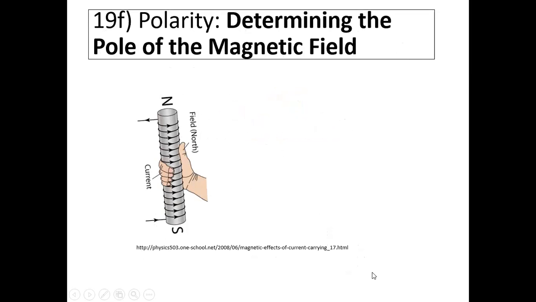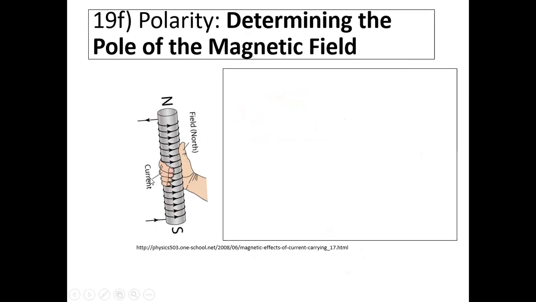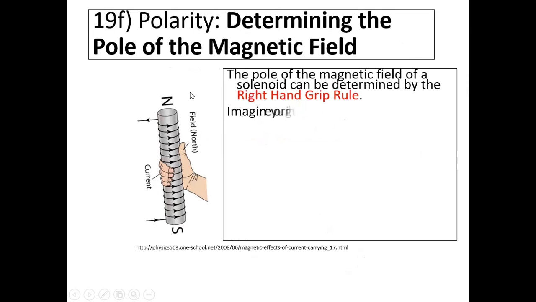How to determine the polarity? I think this is the easiest, rather than looking at clockwise or anti-clockwise, but it's your choice. Which one do you prefer? Basically, for this one you use your right hand. Just grip the solenoid. Fingers represent the current. The thumb represents the direction of the north. So we call it the right hand grip rule.